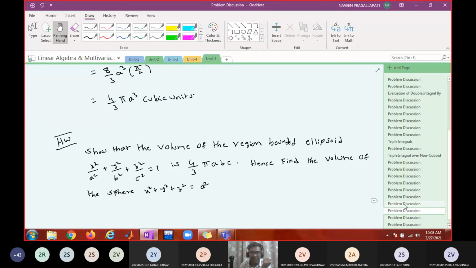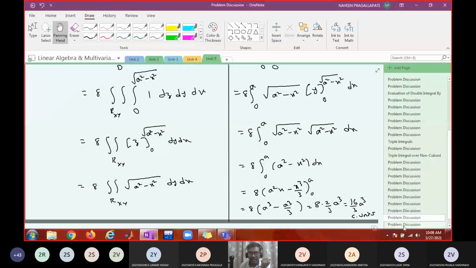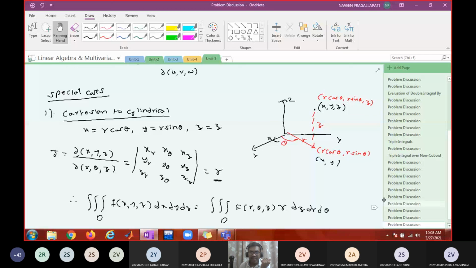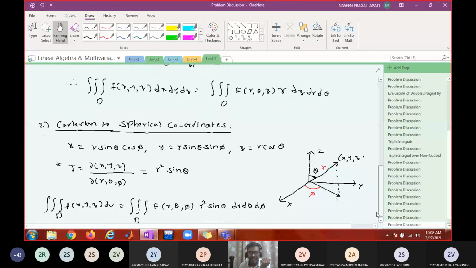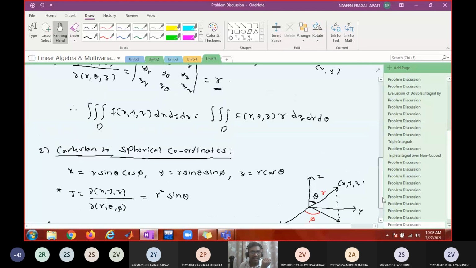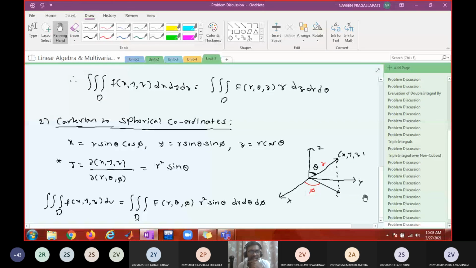Cartesian to spherical coordinate conversion is not so easy because finding the limits is a tedious process. It requires a great amount of imagination and understanding. So we are not doing any problems, and in the syllabus we are limiting evaluation of triple integrals only up to Cartesian coordinates.